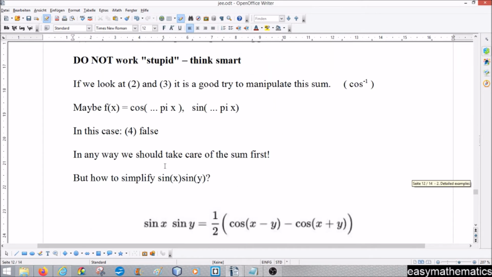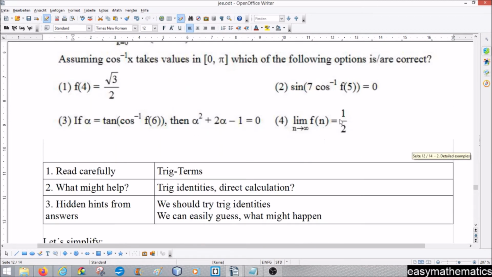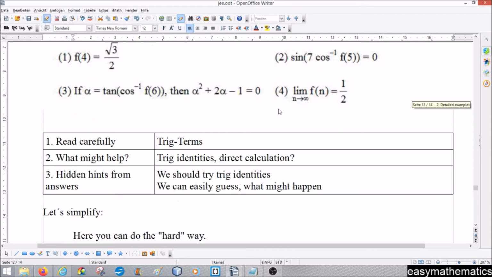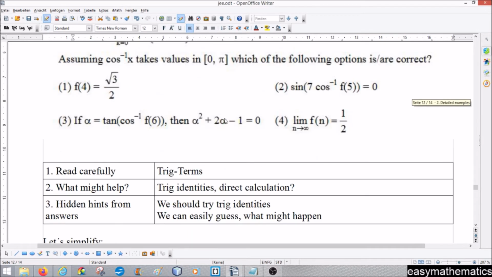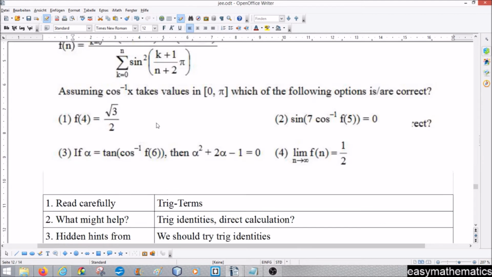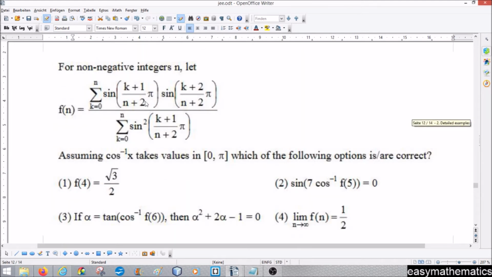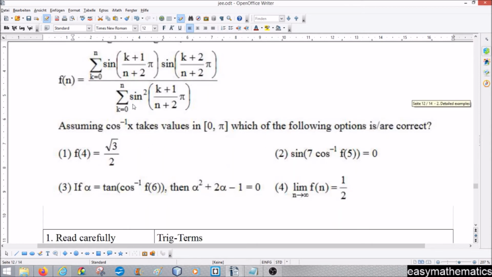If f of x is really a single and easy cosine, then of course the cosine has no limit, so 4 is false if 2 is true. This is what we can see from the answers. And this question is also funny. Here we have f of 6, so we get something pi over 8, and something pi over 8 is quite a nice value.